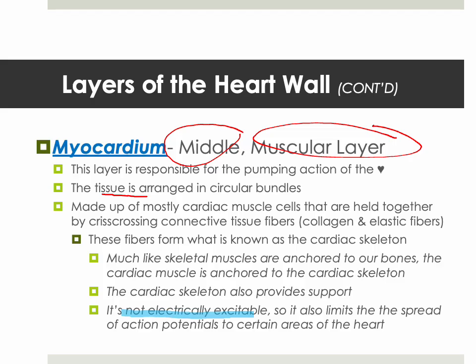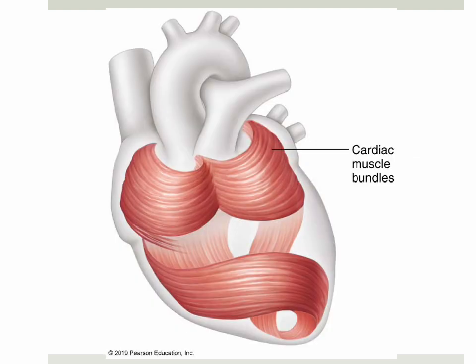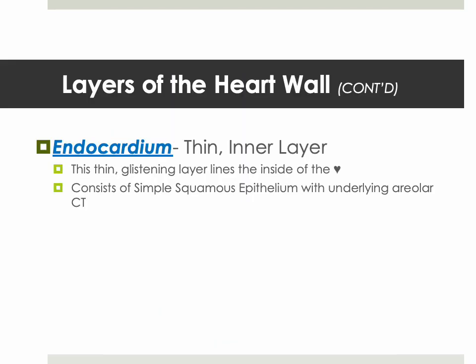And we're talking about these fibers, okay? The muscle itself is excitable. The structure is not. And these are called cardiac muscle fibers, surrounding the atria, surrounding the ventricles, okay? The endocardium is the innermost layer.